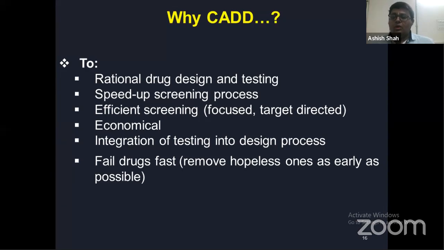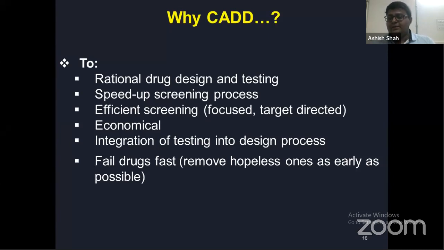Here we can screen even 1,000 or a lakh compounds per day with the help of software. Remember, we are not consuming manpower, instruments, or chemicals. Without this, we came to know which molecule needs to be synthesized.